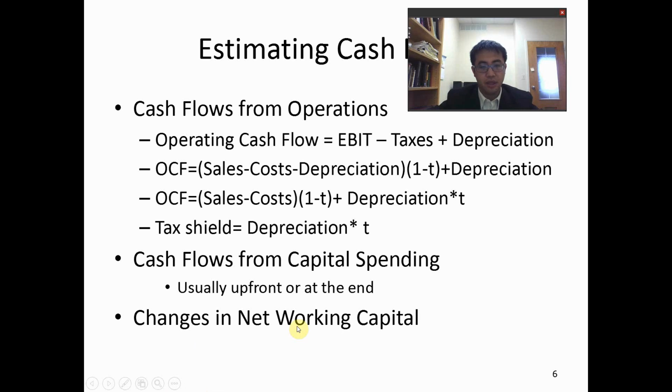And you also have changes in net working capital, and we know that net working capital is current assets minus current liabilities. Usually, if you start a new business, the net working capital is mostly represented by cash and the inventory, because you just started a new business or add a new production line, you definitely need to maintain higher inventory. And if you buy inventory, then what happens to your cash? You're certainly going to spend money, so your cash will drop.